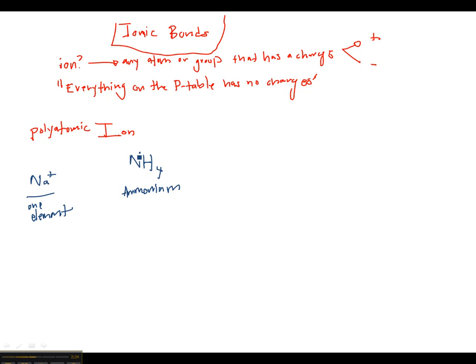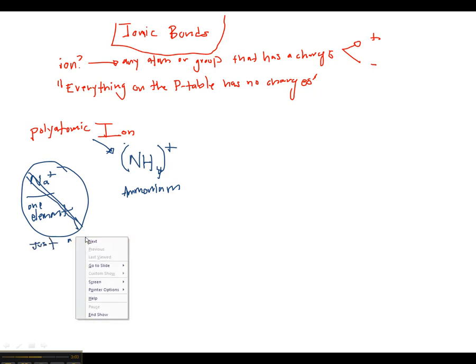The overall charge of the entire thing is positive: not just nitrogen, not just the hydrogen, but all four of those. The entire charge of this whole thing is plus one, just like sodium is plus one for one element. So this is a polyatomic ion. This is not, this is just an ion.